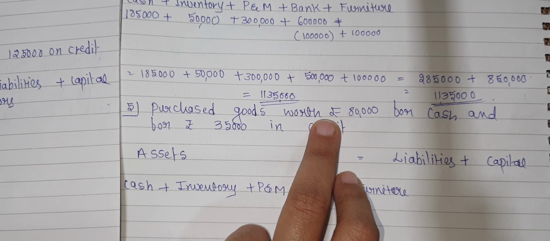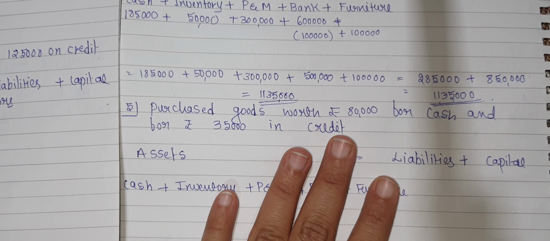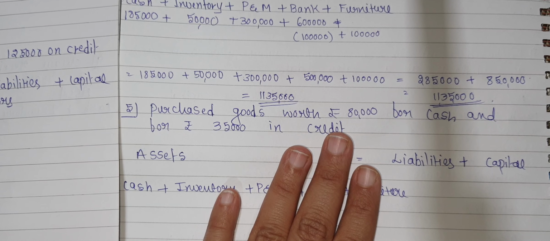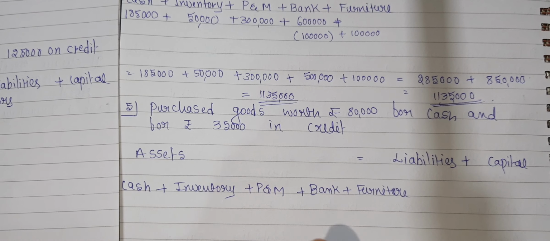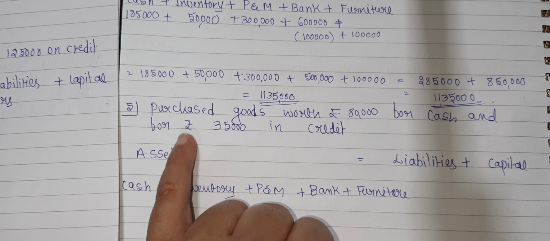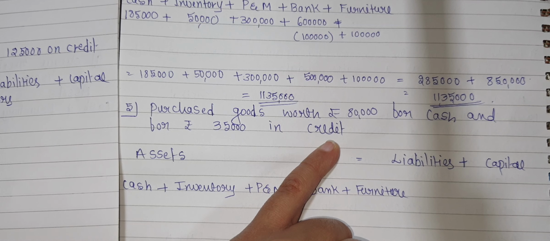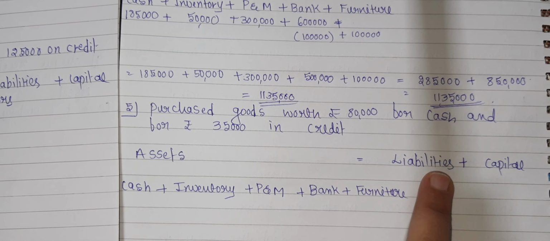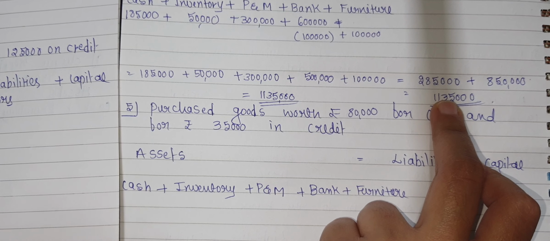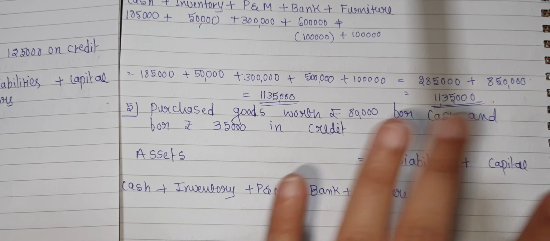So there is an increase of inventory of goods by rupees 1,15,000 on the asset side of the equation. And how do liabilities increase? Because we purchased goods for rupees 35,000 on credit, our liability will increase by rupees 35,000, so we add 2,85,000 plus 35,000.